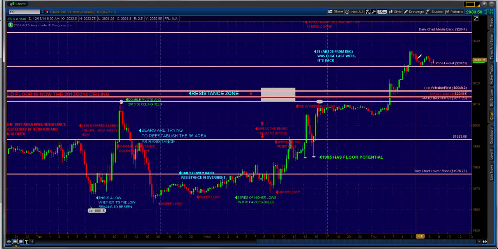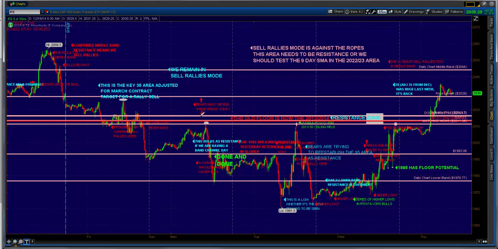And what we're doing now is we are dealing with the 2028 area, and that is trying to go support. 2028 is trying to become a floor. Now, what is 2028? 2028 is the 35 area adjusted for the March contract. Okay? 35 was where the Bears dropped the ball. They lost it.